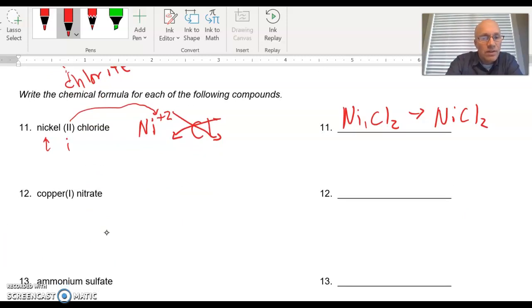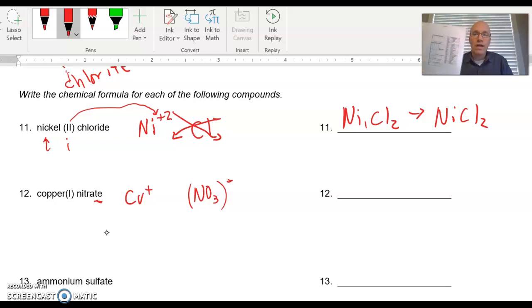All right, copper 1 nitrate. Again, it's going to be very similar to the one above. We have copper, which has a plus one charge from the Roman numeral. And then we have nitrate. In this case, it's a polyatomic ion, so we find its formula from the reference guide.